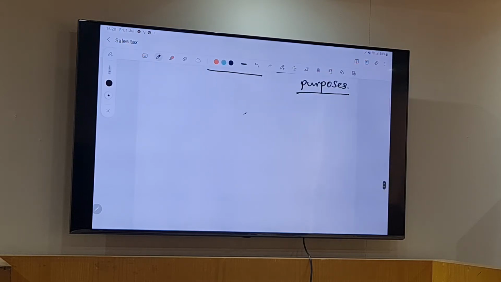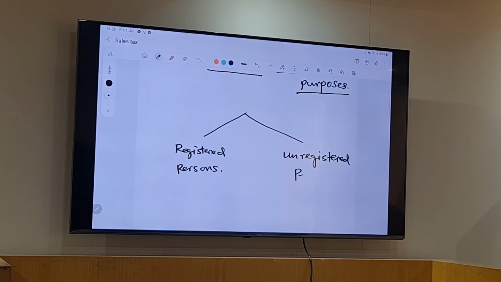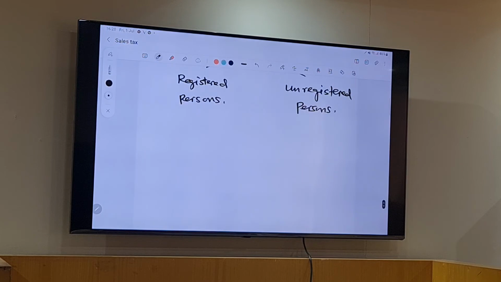So we have two types of persons: registered persons and unregistered persons. The registered persons I can further subcategorize.